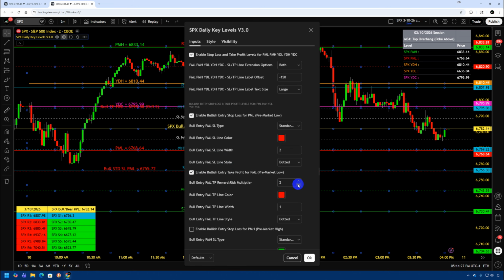Or if you want to do less of a scalp, you can go down in 0.25 increments all the way down to 0.25 for those traders that like to do micro scalps. However, you can also go up, all the way up to 30. So 30 is the max. Can't go above that.